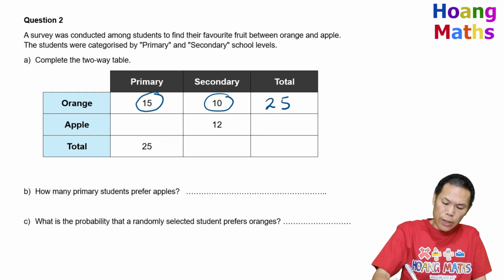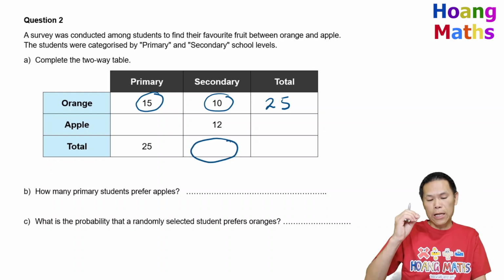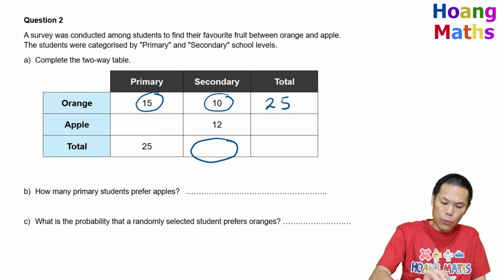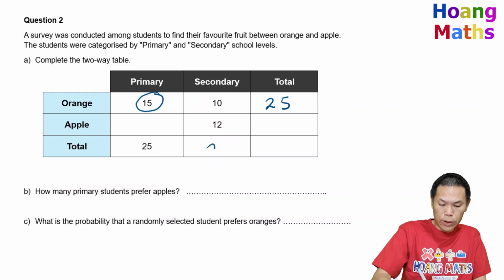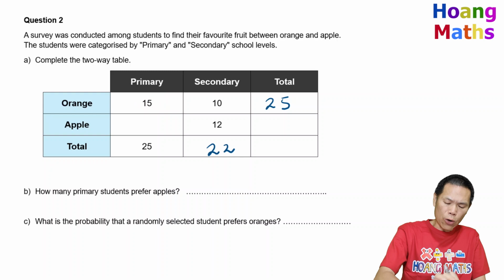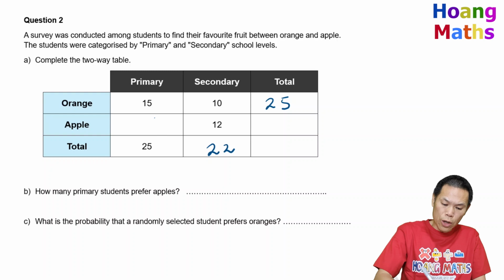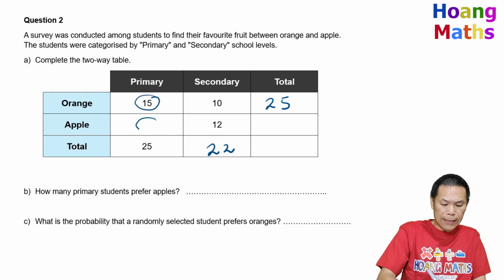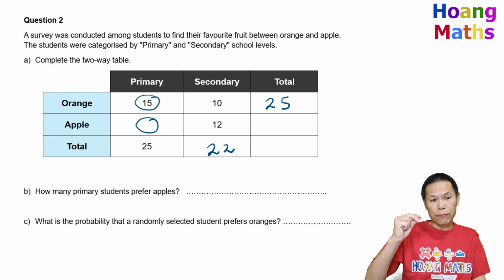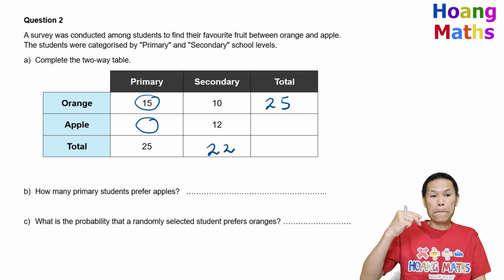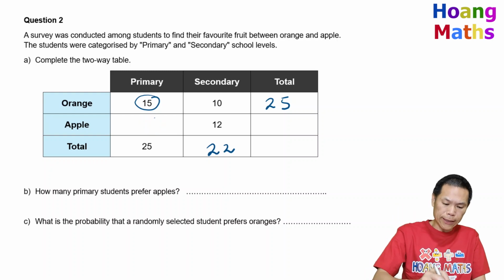And we can work out the total for the secondary column. To add them up, we go 10 plus 12, which gives me 22. And we can also find the primary for apple. We go 15 plus a number will give us 25. So we just go 25 minus 15, which gives us 10.